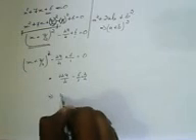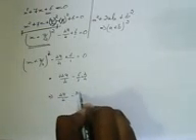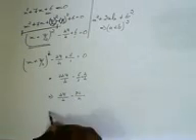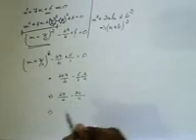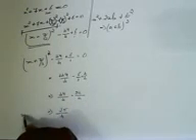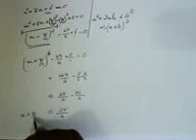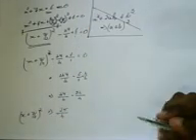I guess we get 49 by 4 minus 24 by 4, which will get you 25 by 4, x plus 7 by 2 the whole square. Is there any doubt in that?